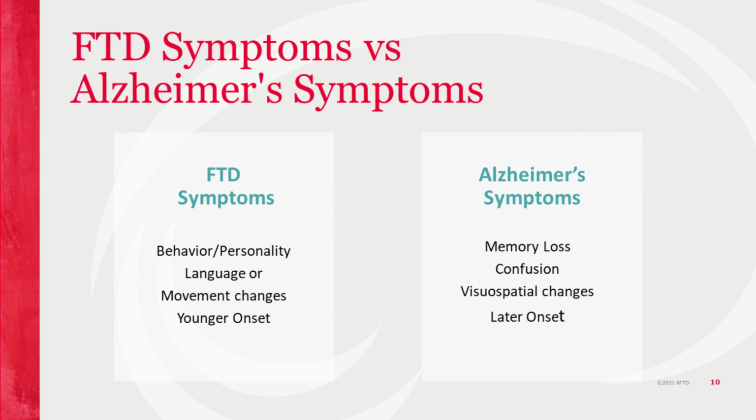With FTD, the most prominent initial symptoms are pretty severe or critical changes in behavior and personality based on an individual's baseline, problems with expressive or receptive communication, and then there are some disorders which initially start as changes and difficulties in movement. The onset of symptoms generally occurs between the ages of 45 and 64.